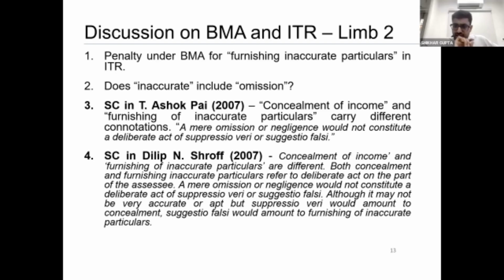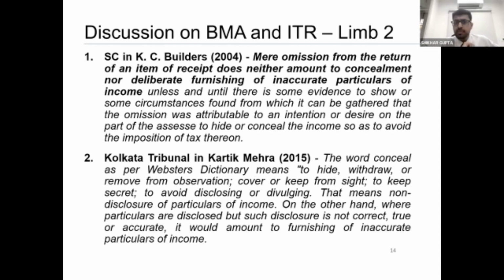Dilip Shroff, Supreme Court 2007 decision again said concealment and inaccurate particulars are different. Concealment and furnishing inaccurate particulars are different acts. This is what the Supreme Court in Dilip Shroff has said.